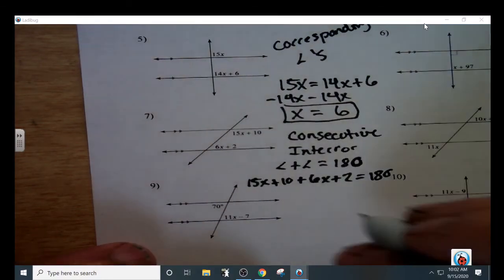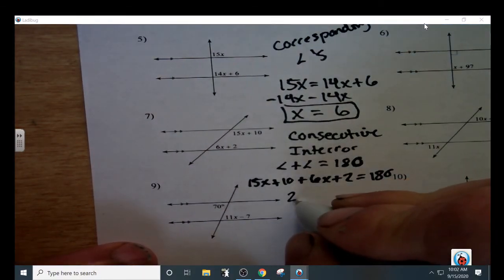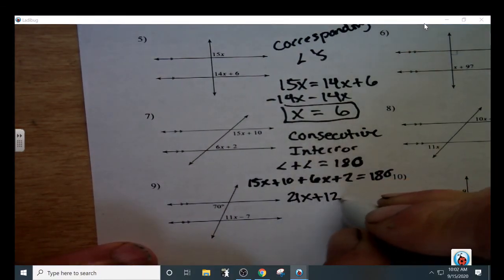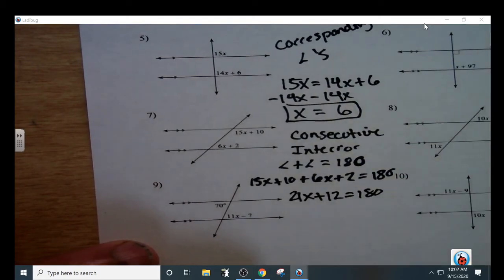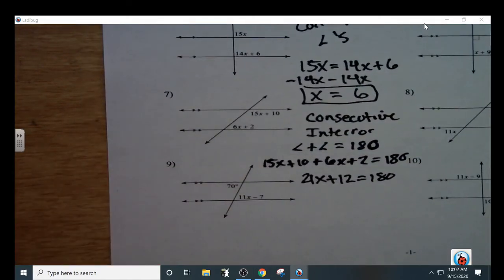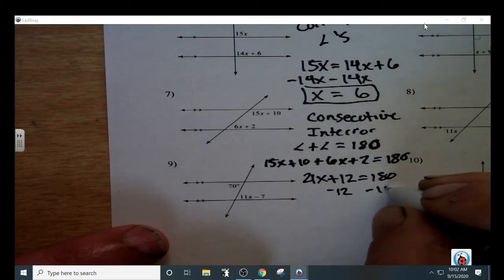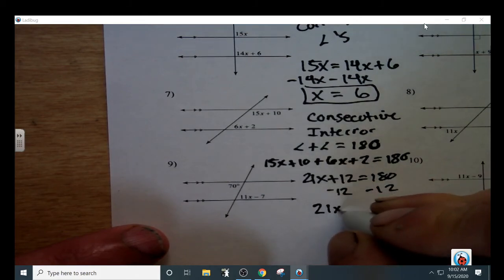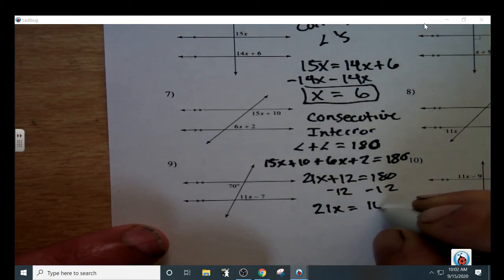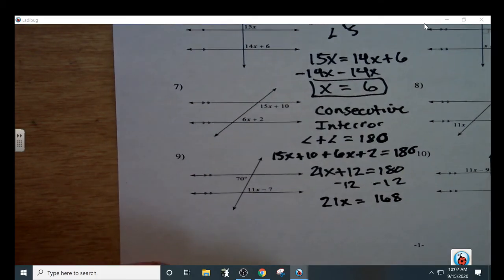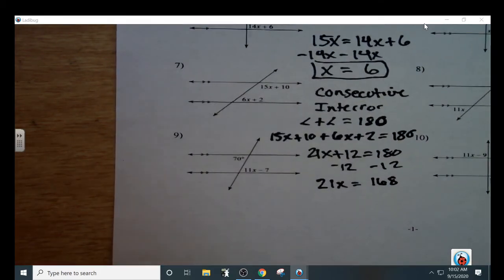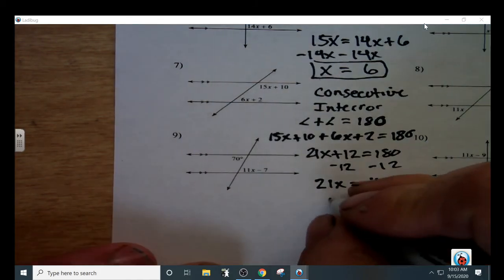Okay. So that'd be combining our like terms. That'd be 21x plus 12 equals 180. Okay. Subtract 12. The last one is divide.